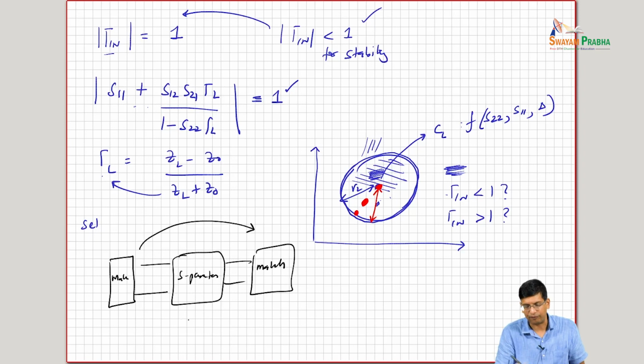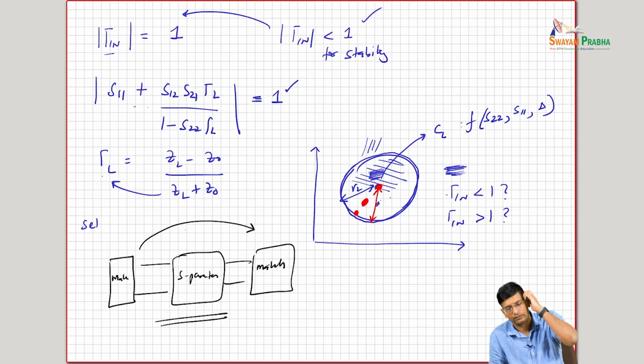That's effectively changing the S parameters of this system and maybe changing the center and radius of these circles. So you run the risk that there is a possible situation where this gets unstable. Also, the load can vary with respect to process, frequency, temperature, all of those are possible.